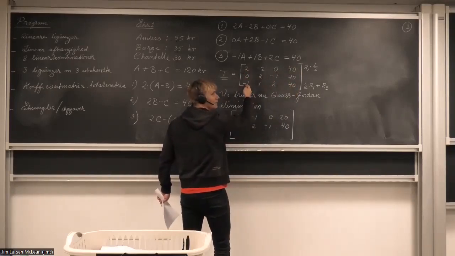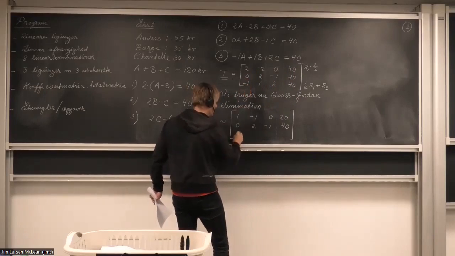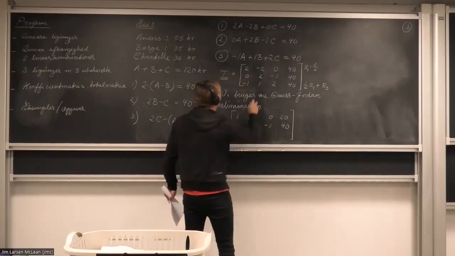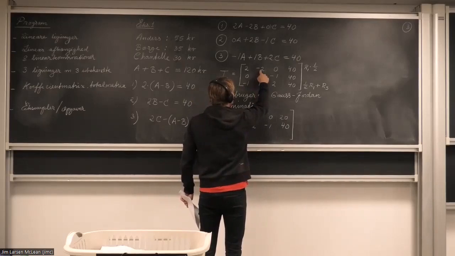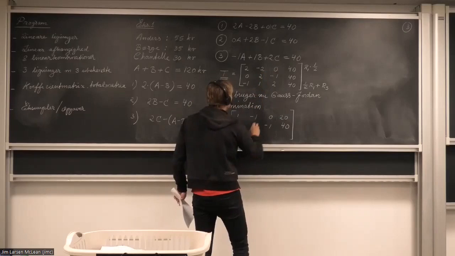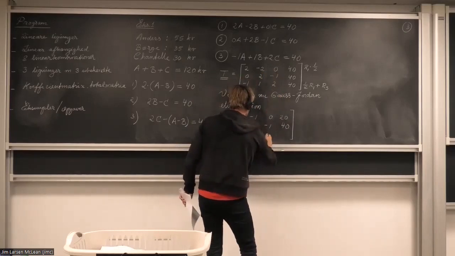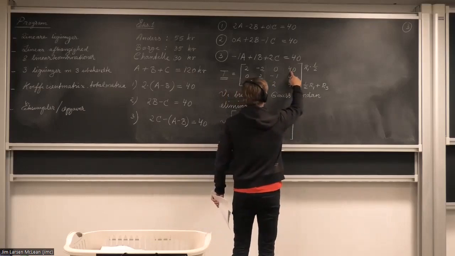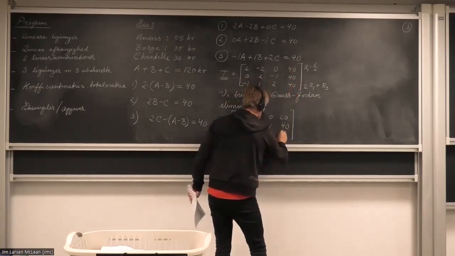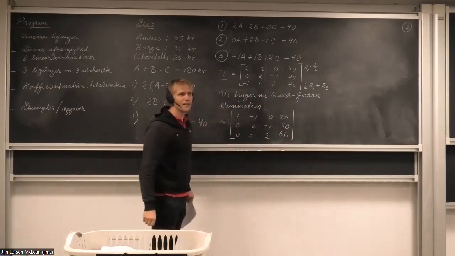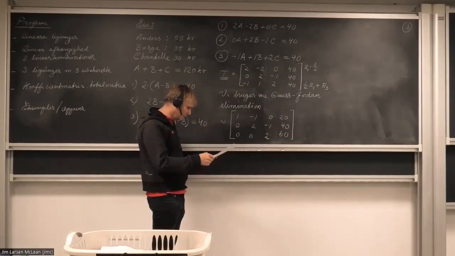Plus 1 and adding -1, that's 0. Half of that is -1, added to that. Half of that is still 0, added to that it's still 2. And half of that is 20. Is it okay? Do I agree with myself?